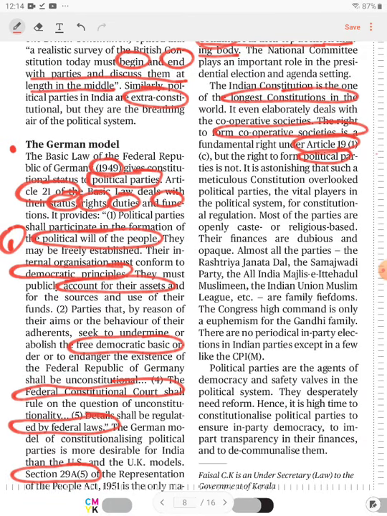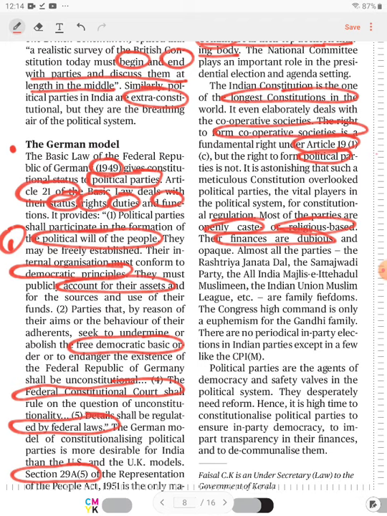Fine. But we know that in India, most of the political parties are openly caste or religion based. We can easily identify that: this party means this caste, this party means this religion, right? And if you talk about their finances, it is completely opaque. They are not ready to disclose.